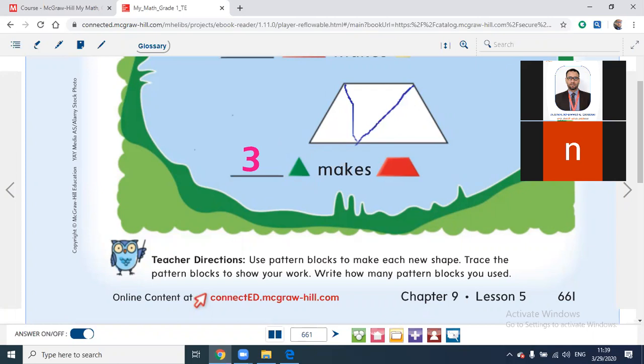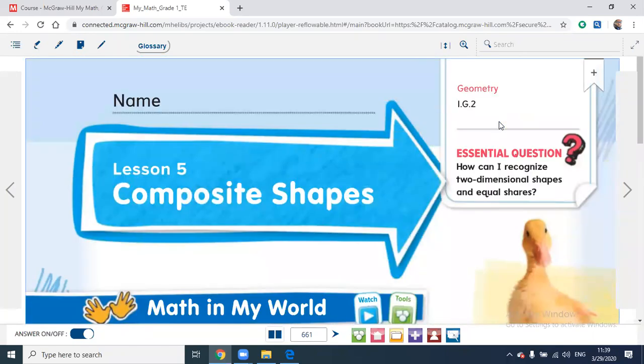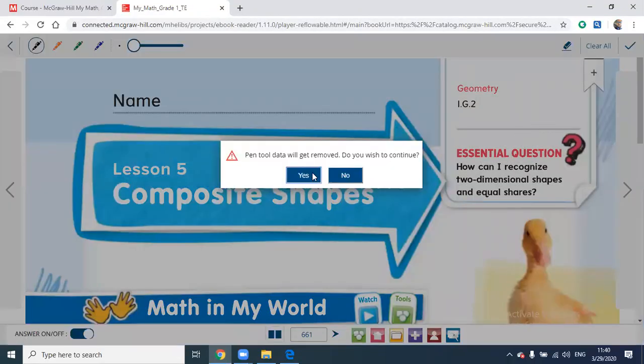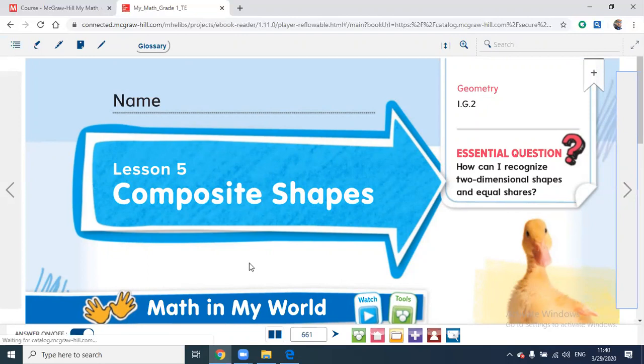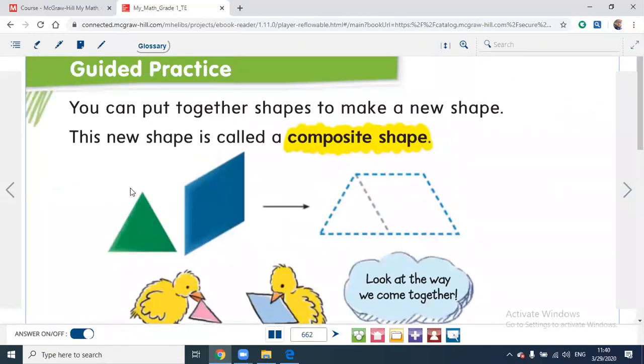Okay, good. In the next page, 662. As we see here, you can put together shapes to make a new shape.